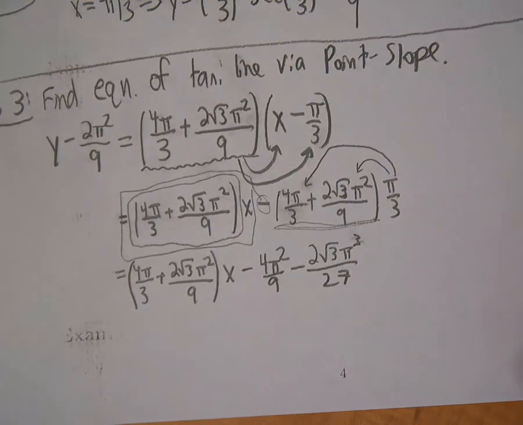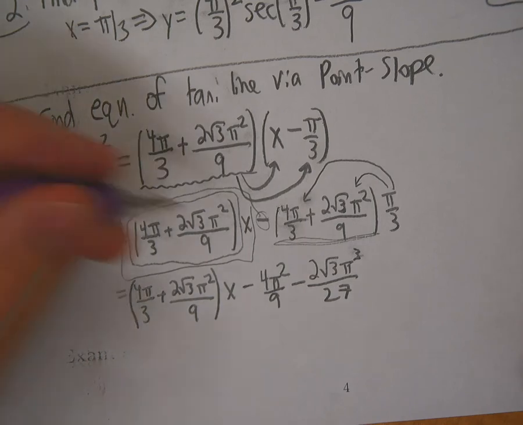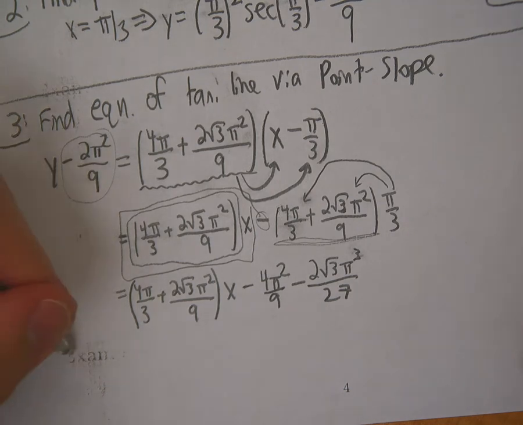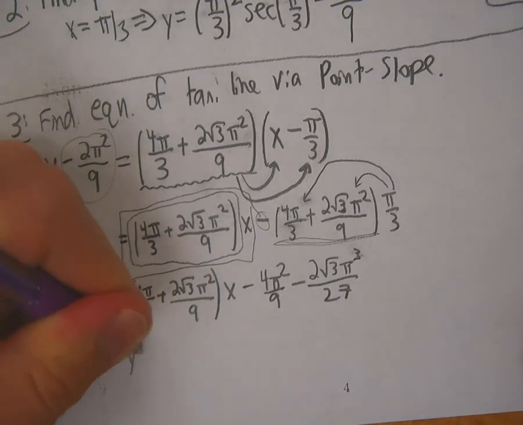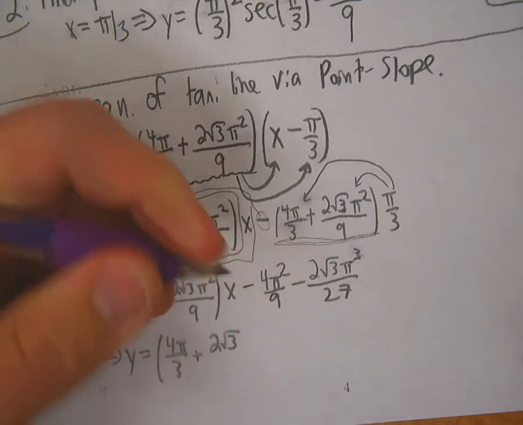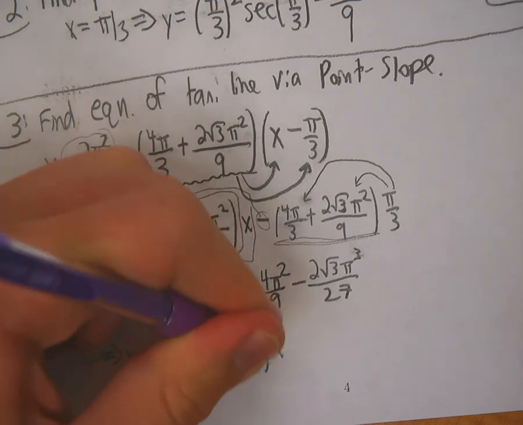All right. So now all we have to do is just add our 2 pi squared over 9 into our expression, and then we'll be done. So we have y is then equal to 4 pi over 3 plus 2 times square root of 3 pi squared over 9 times x.